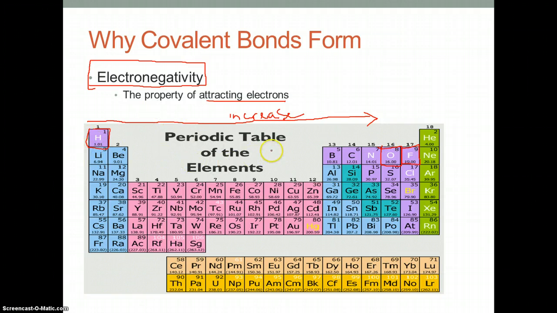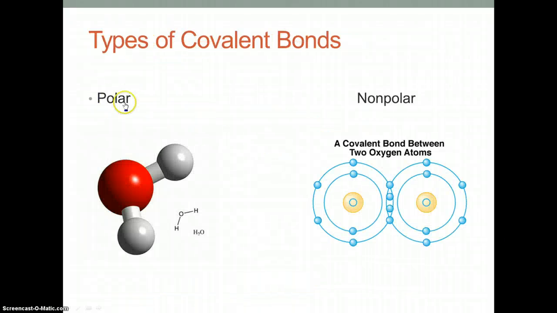And this leads us to something called polar and nonpolar covalent bonds. What polar means is that the bond creates poles. Now on a magnet, poles have positive and negative charge. This is exactly what a polar covalent bond has. For example, here we have H2O, water, 2 hydrogen, 1 oxygen.